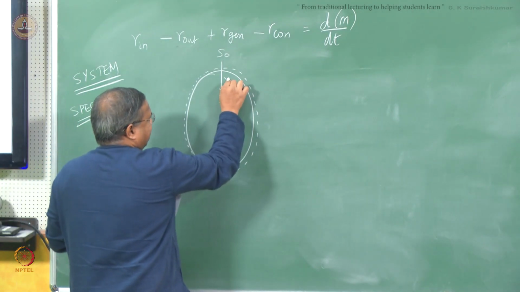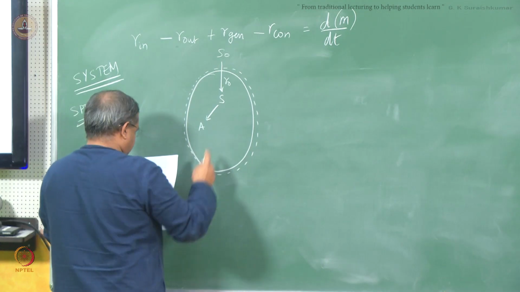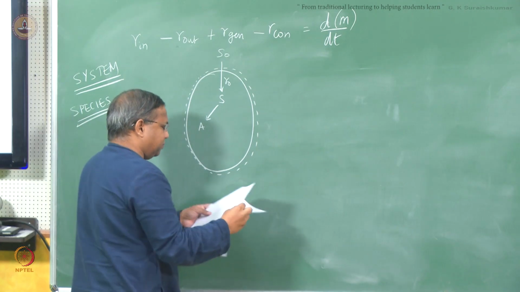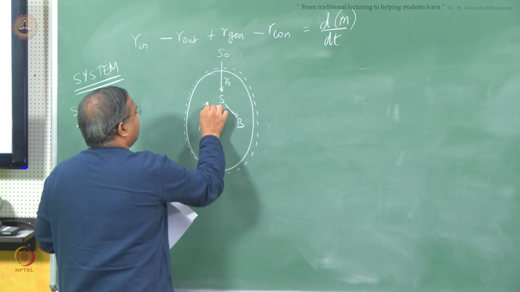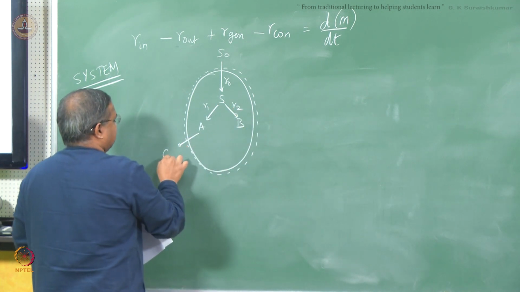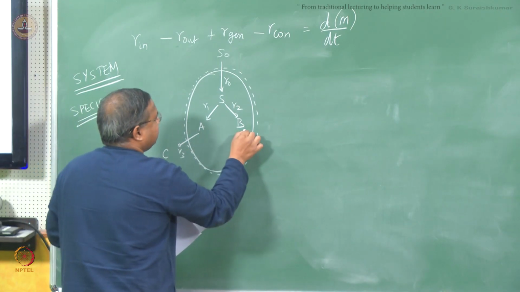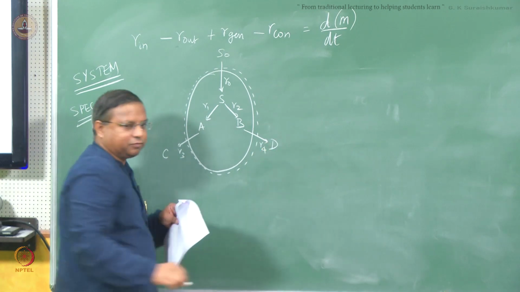Let us say that the rate at which this happens is R0. This goes to A and B, let me not mix the two, at rates of R1 for A and R2 for B. A gets out of the cell to become C at the rate of R3, and B gets out of the cell to become D at a rate of R4.